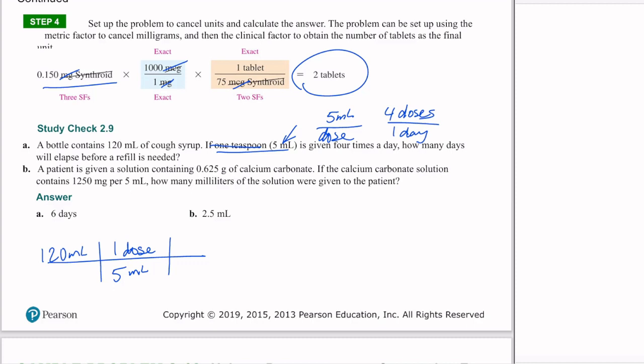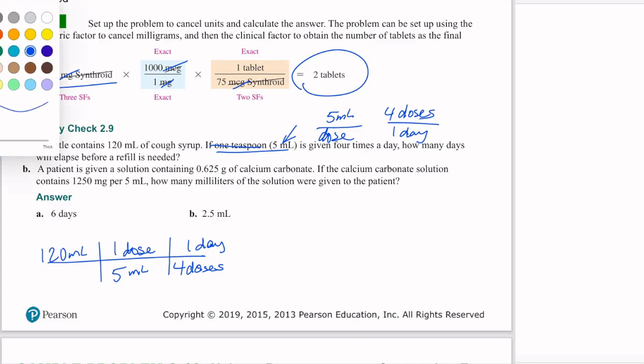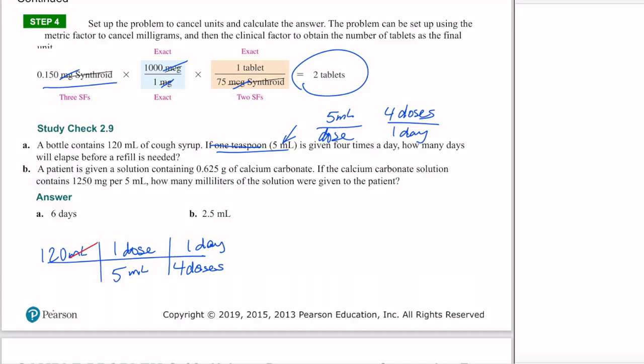But we need to understand that we're given 4 doses per 1 day. We were asked to find how many days elapsed before we need a refill. So let's notice that milliliters cancels, doses cancel, and we're left with days. If we multiply 120 times 1 times 1, and then divide by 5, and then divide by 4, we see that we can wait 6 days, or we can make it 6 days, before we'll need a refill.